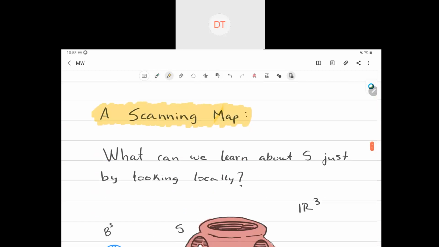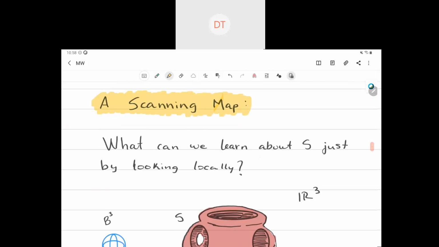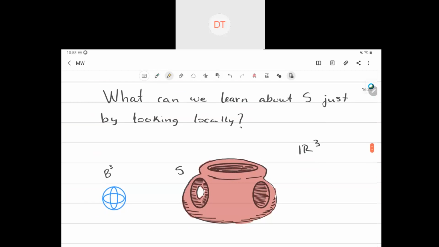Okay, so now the next idea is the scanning map. All right, what can we learn about S just by looking locally? This is the idea motivating a scanning map: what information can I retrieve about S by looking locally? How do we look locally? Let's assume that we have an S, and my S is this surface. I just chose pretty much any surface.